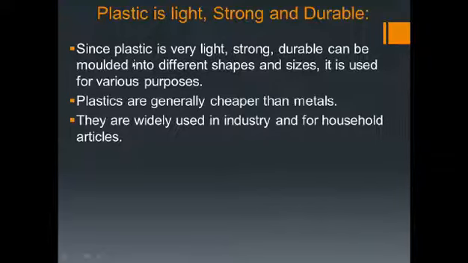Children, can you tell me the reason for using plastic in such a vast way? Since plastic is very light, strong, durable, and can be molded into different shapes and sizes, it is used for various purposes.